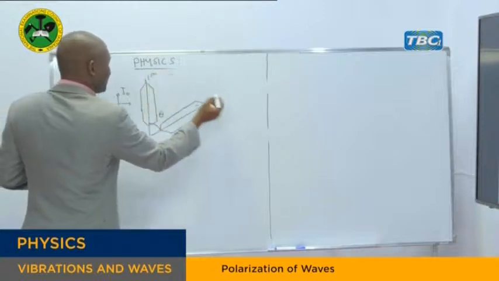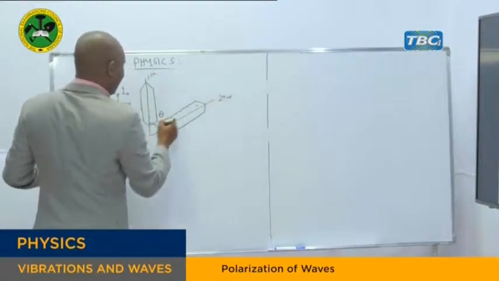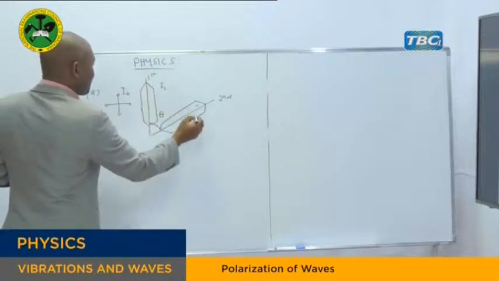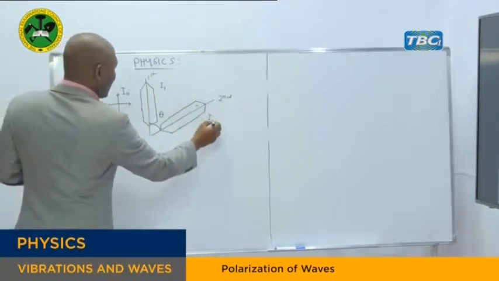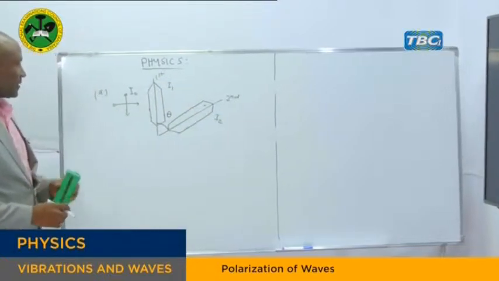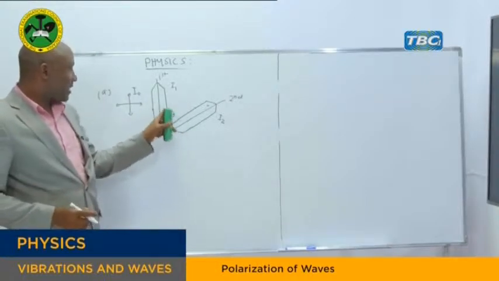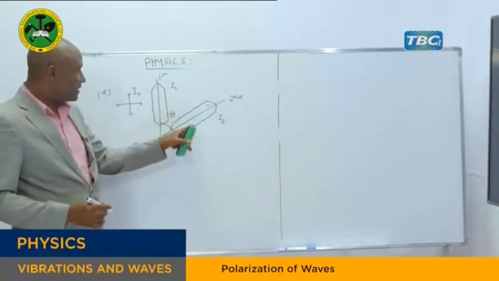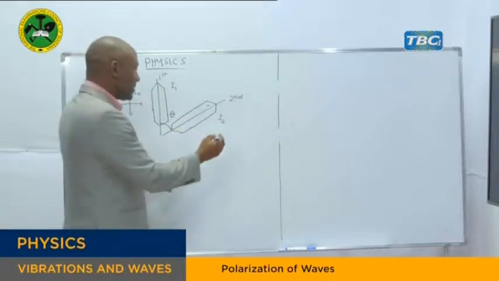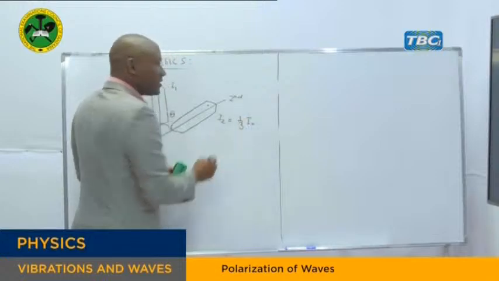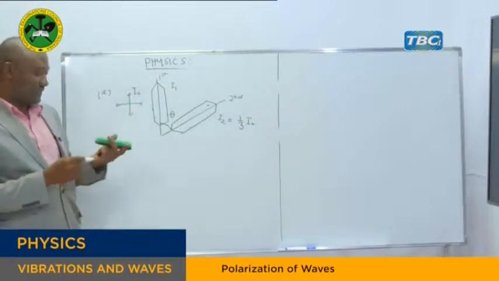This is our first, this is our second, so this will be I1 and this will be I2. How much should this angle be so that the intensity of the light produced here is 1/3 of the original value? The original value means I0.